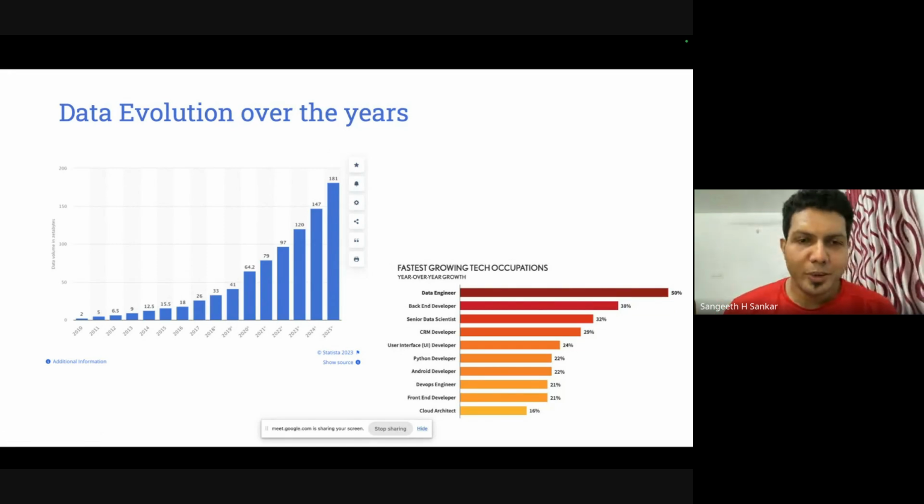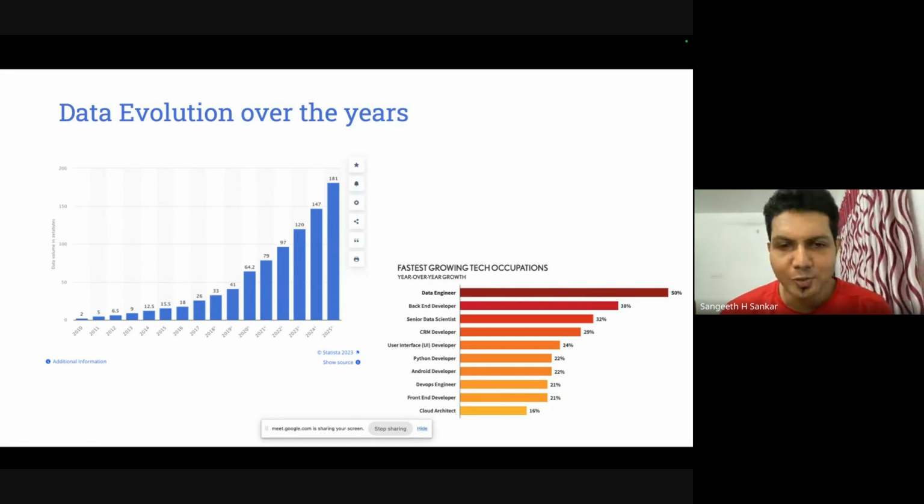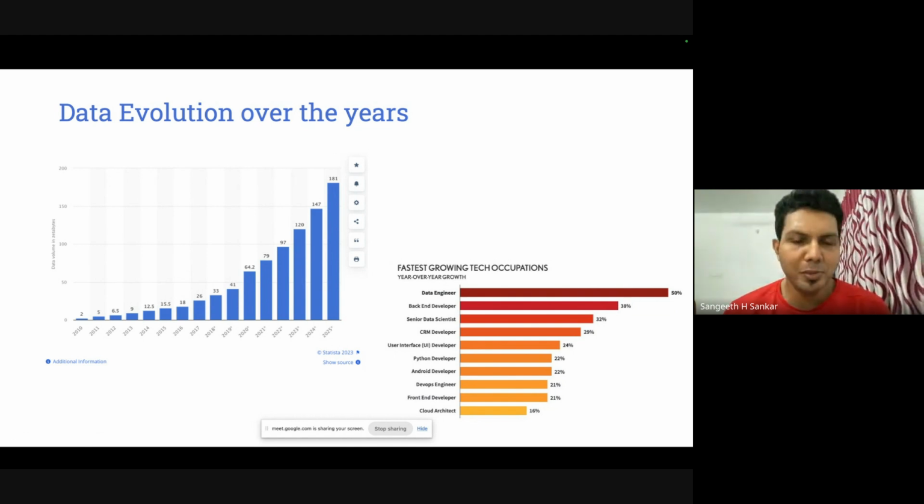So as you guys are aware, data is everything now. That's the most valuable asset for an organization, which helps it make better decisions based on the data it has accumulated over the years. If you look at the evolution of data over the years, it's massive. In 2010, we were dealing with 2 zettabytes of data.